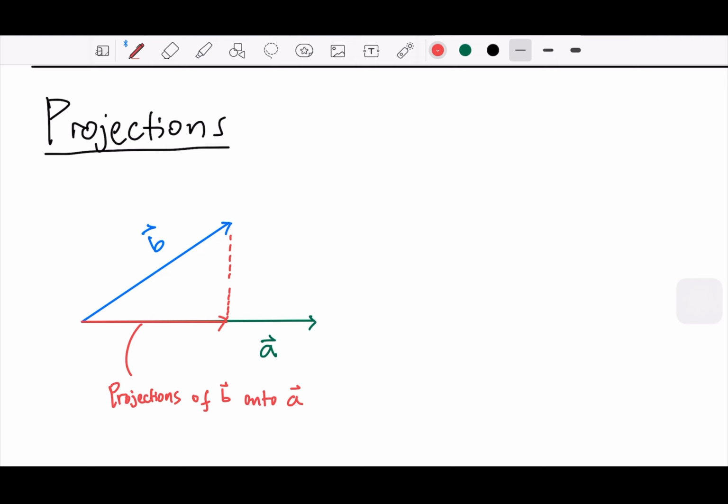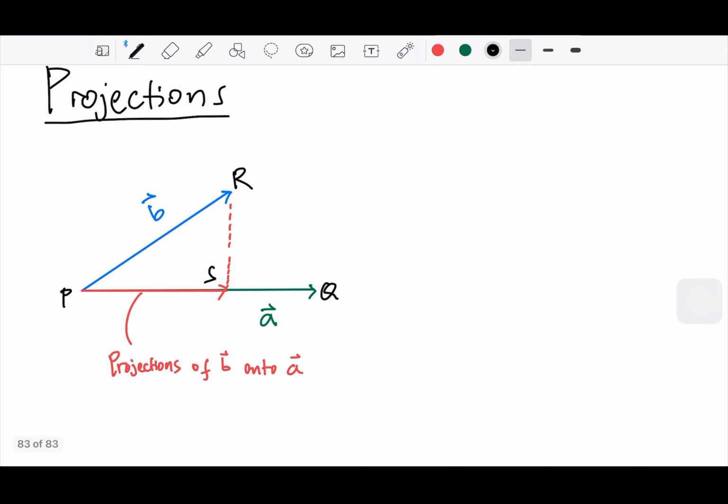So they both have the same initial point. Let's make points P, Q, R, S. And it doesn't need to be a triangle like this.